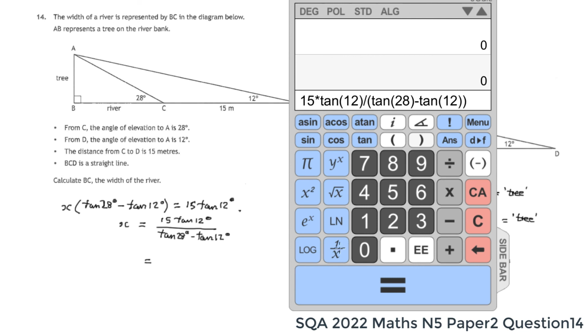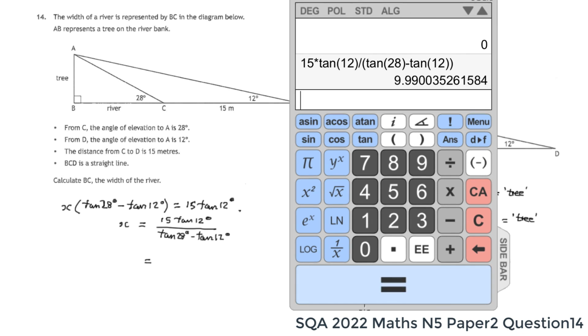Okay, an awful lot of brackets there, but all I've done is 15 times tan 12 divided by the whole of tan 28 minus tan 12. Your calculator probably doesn't have extra brackets around the angles, mine does. So if I press the button, there's the answer. So it's 9.990, and it goes on and on.